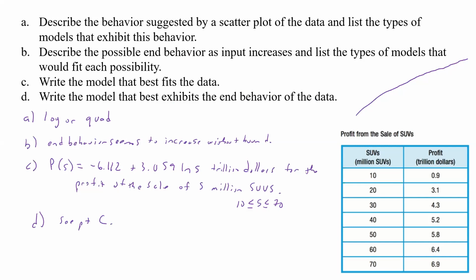But then we would have said, okay, in the end behavior, then it would have had to be the log. But the log actually fit more points, or was closest to them, as well as fitting the end behavior. Okay, so that's how I would do this number 19. Now I'll pause and get another one.